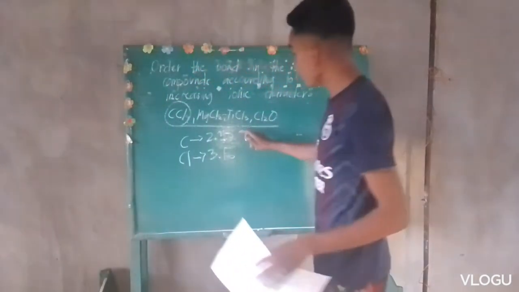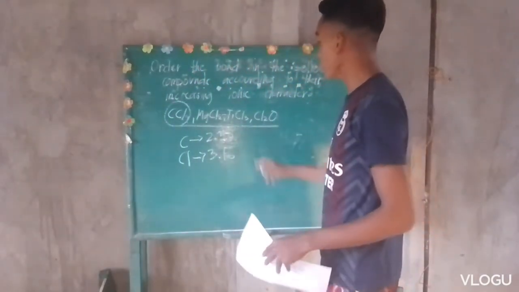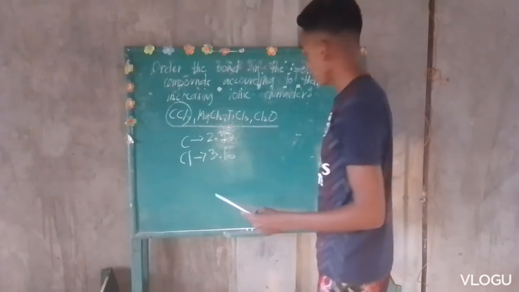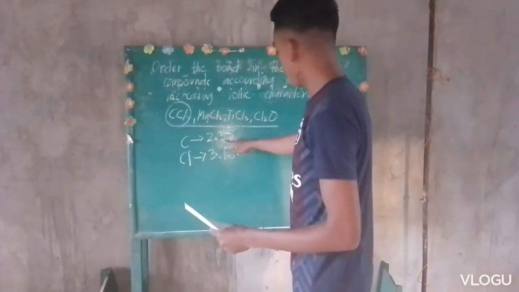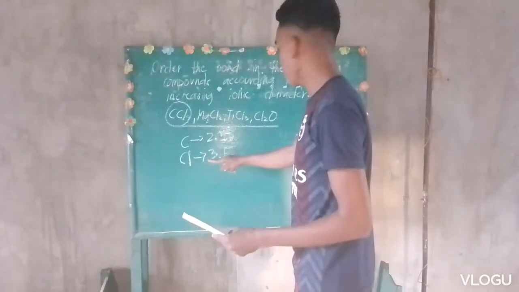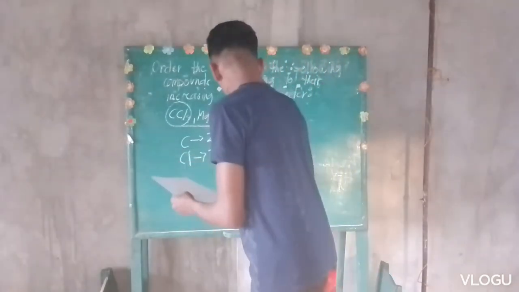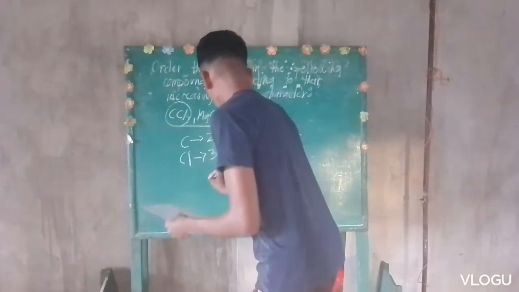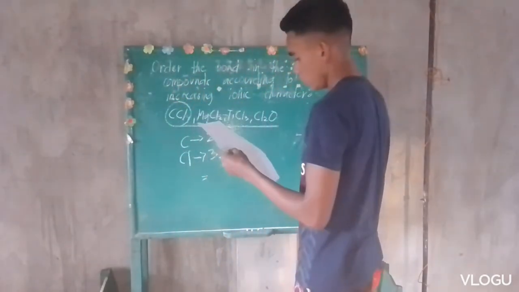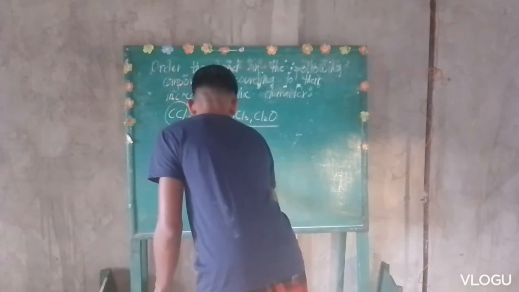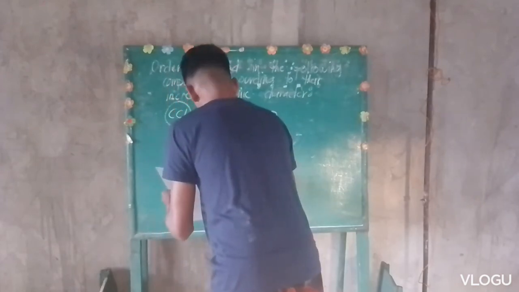So we will just subtract these two to find the difference. So 2.55 minus 3.16 is equal to 0.61.